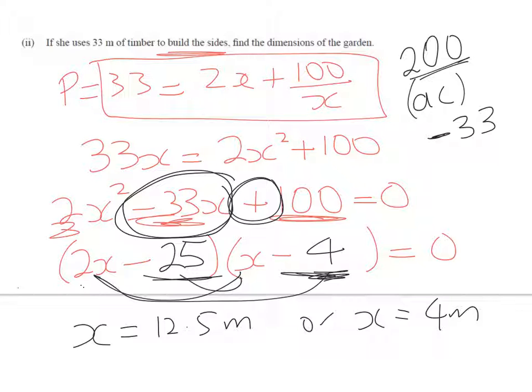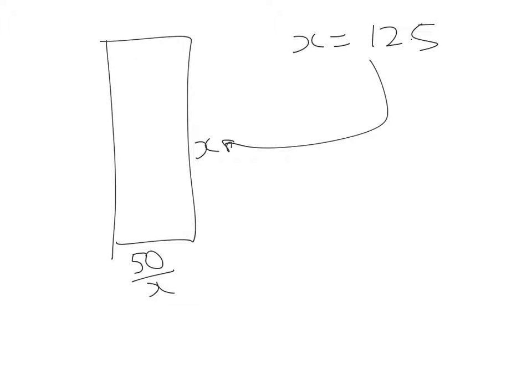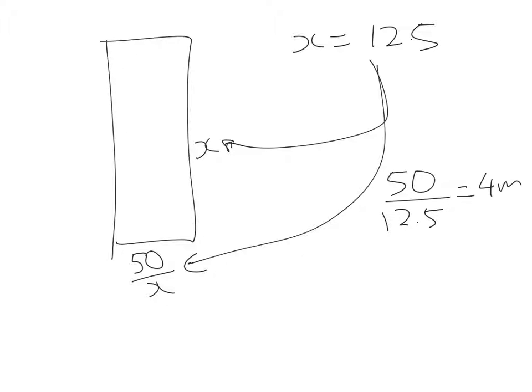So let's have a look at what that means, because it seems a bit strange that I'm getting out two quite different numbers. We'll put them back into the picture of the garden and see what's going on. Here's the garden. This side is 50 over x, and this is x. So if x equals 12.5, that side is 12.5, and that side is 50 over 12.5, which is 4 metres.